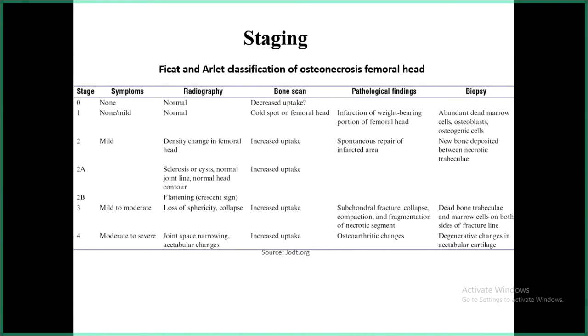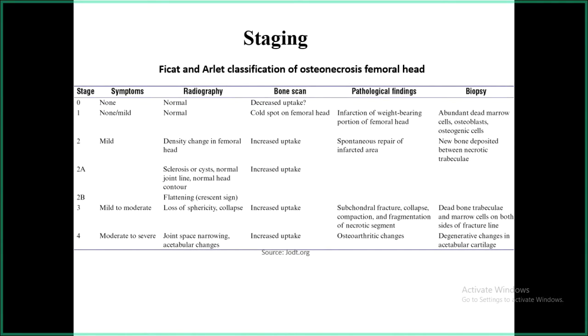Patient presents with mild groin pain. Radiography is normal, but bone scan shows a cold spot in the femoral head. Pathological finding shows infarction of the weight-bearing portion of the femoral head. And on biopsy, you have in stage 1 abundant dead bone marrow cells, osteoblasts and osteogenic cells.